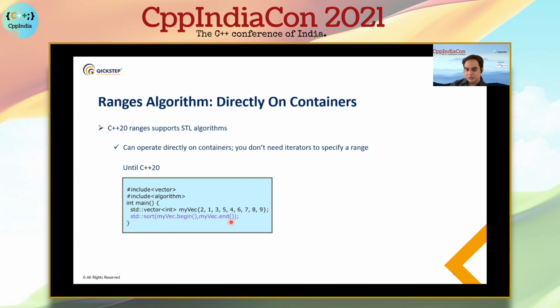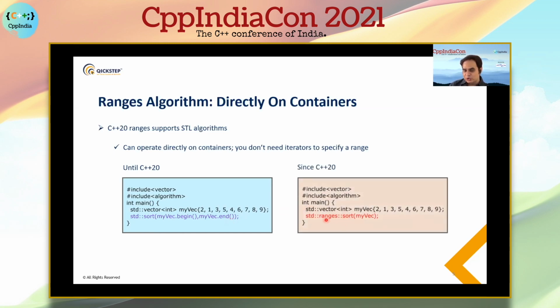So now, from C++20 onwards, this code will look something like this. We have this ranges; our standard algorithm is now overloaded with ranges. So we can simply give our vector name, and it looks more intuitive, right?